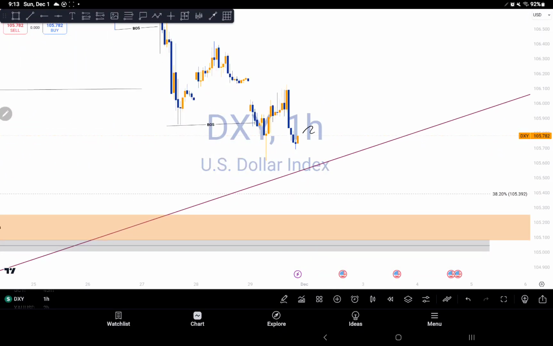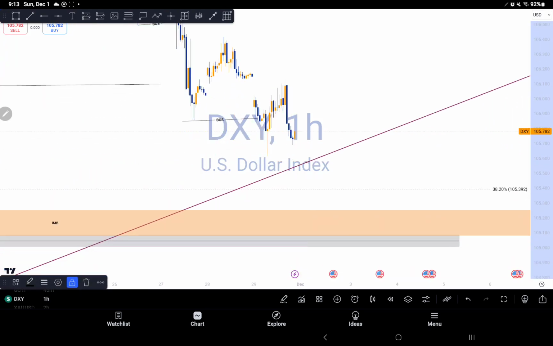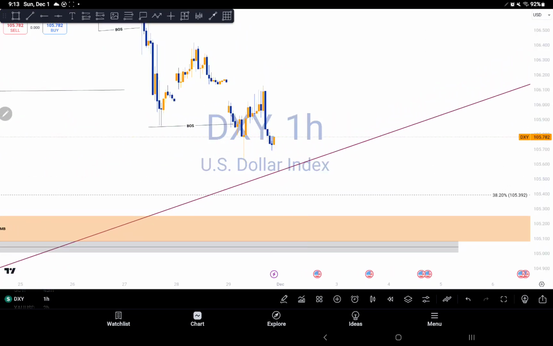So before we take anything, maybe from this trend line, we want some sort of come here, break structure here, come over here to break change of structure, right? Then give us the lower high, continue, break the structure as well. Then that's more guaranteed that we might continue to push to the upside, right?